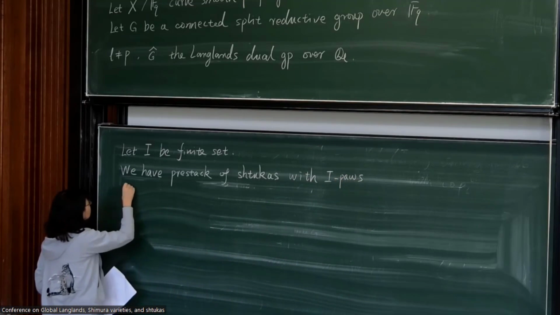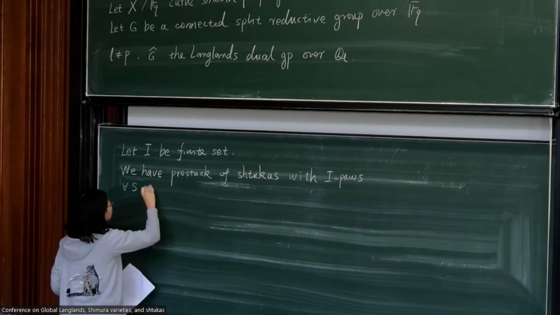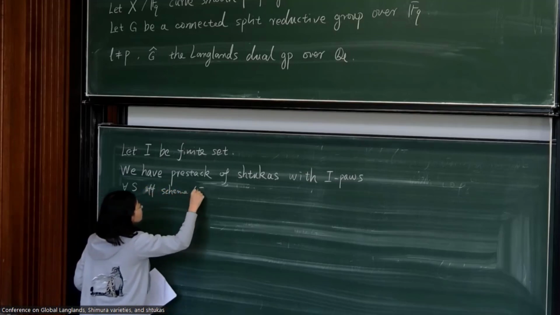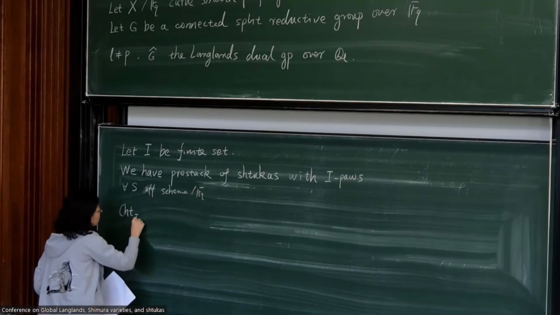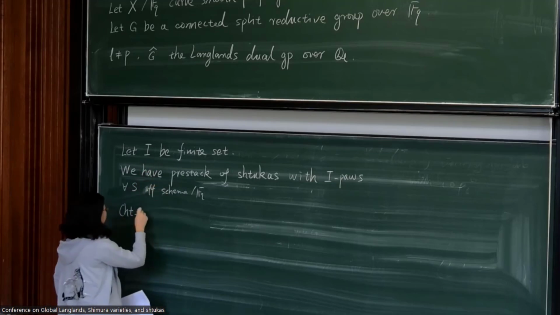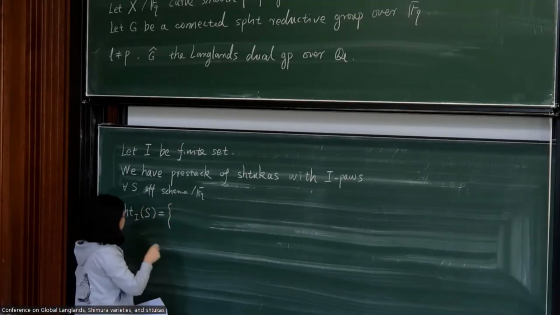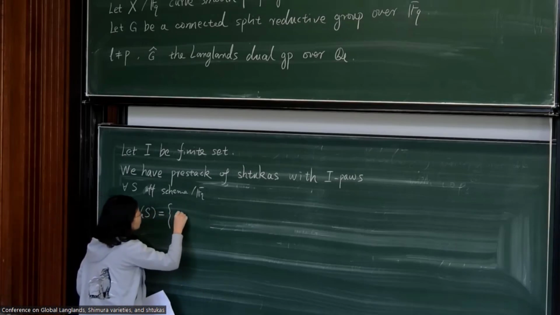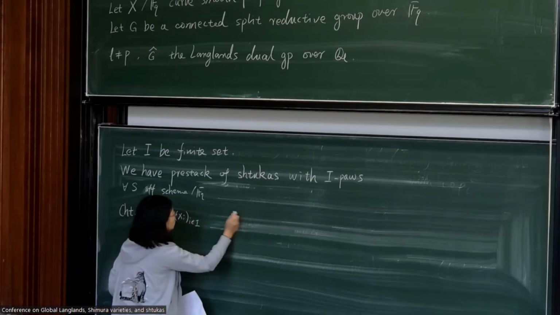So for any S, an affine scheme over F_q, the S-point of the stack of shtukas, which we denote Sht_I, the index being the number of legs, classifies I legs in X.